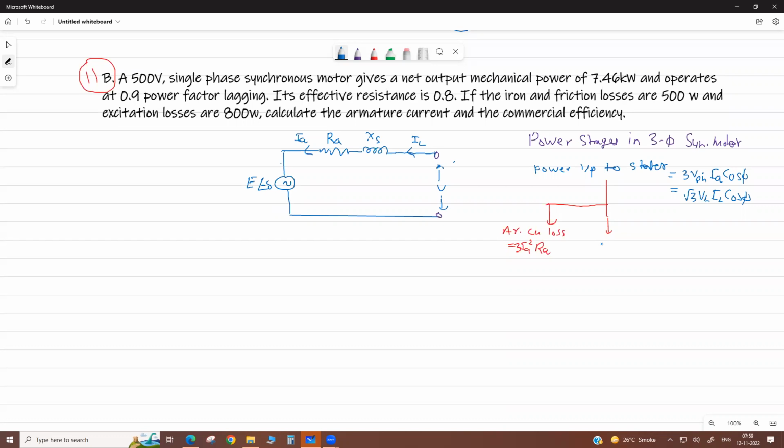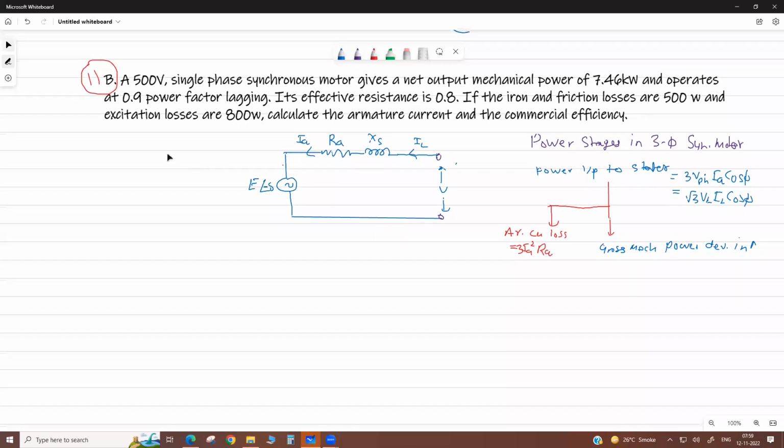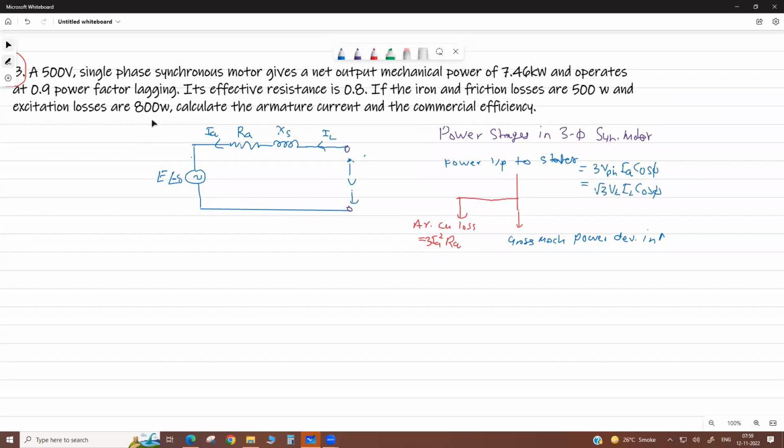It is the mechanical power developed in the air gap, or it is called the rotor input.